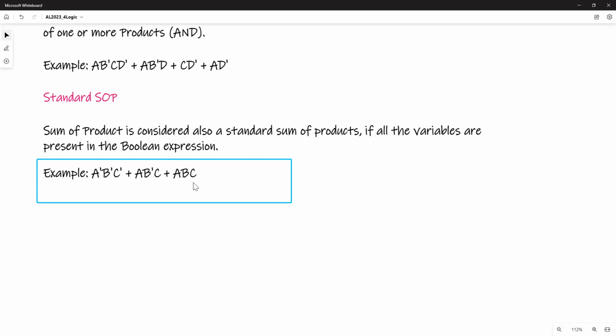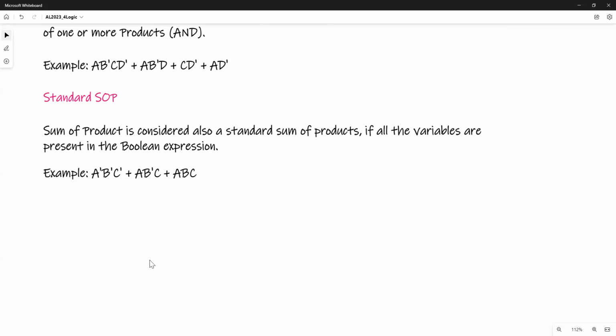Now all the techniques that we have discussed earlier can be implemented if you have a standard form. To do the simplification we learned earlier, we need this standard form. Right? So that's exactly what we are going to look at.